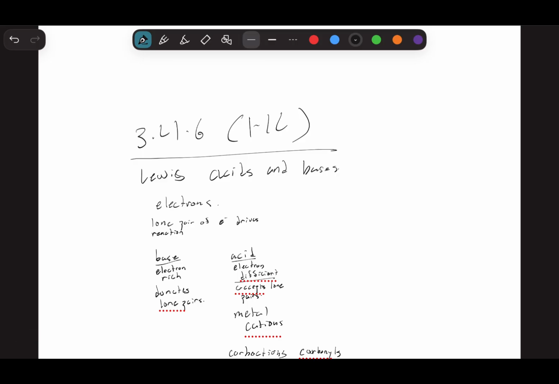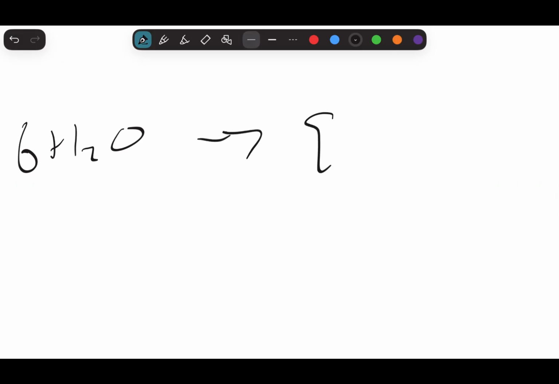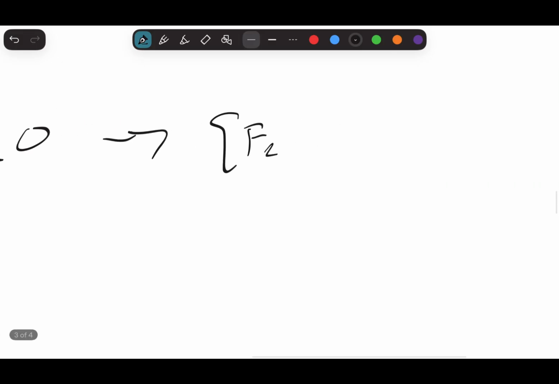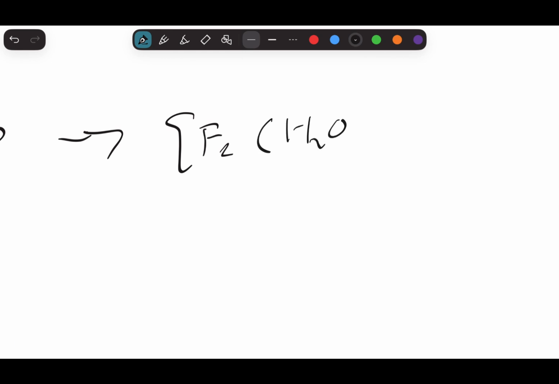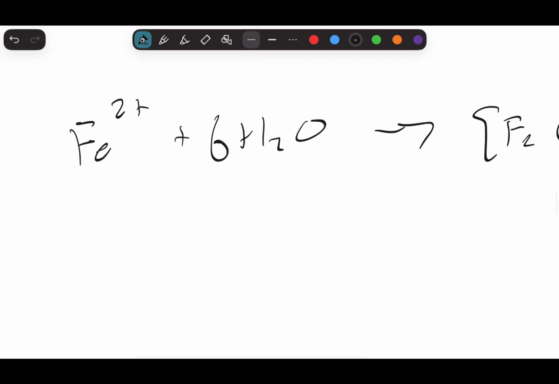Let's have some examples here. Let's say there's Fe2+ and 6H2O reacting, forming a product. Let's see what happens here.